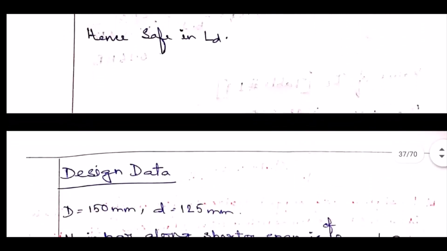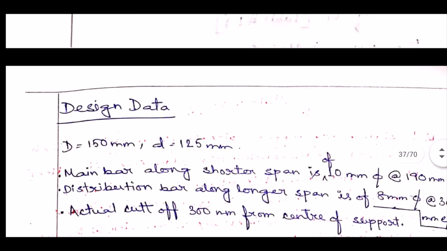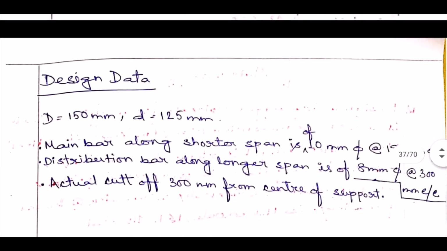The next step is to write the design data. All the design calculations are done, and we have completed all the checks. So now it is time to write the design data, and after that we have to draw it.